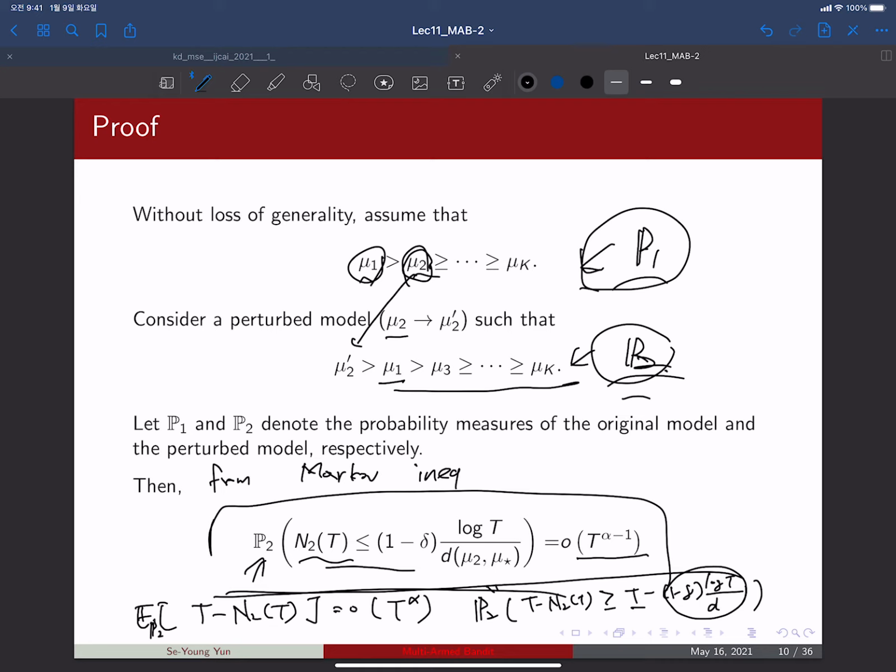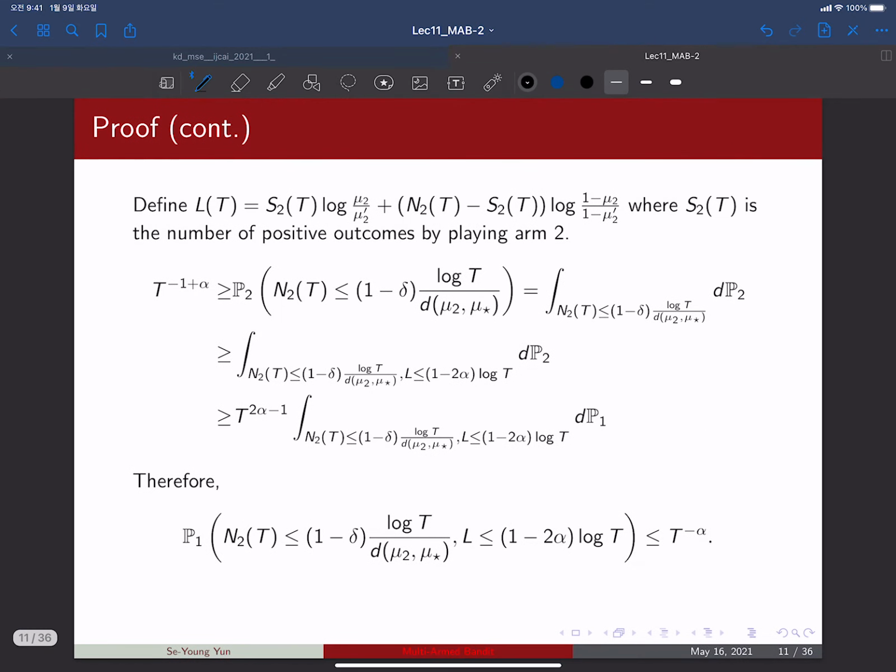So we know that with very, very high probability, because alpha can go to 0, n_T should be greater than (1 minus delta) log t over the divergence between mu2 and mu star. We have this result.